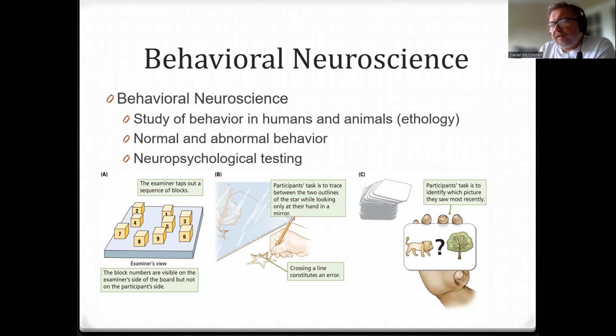The numbers are hidden, and then you have to tap them in the correct order. In other cases, though, the examiner might tap a specific sequence. It doesn't have to be 1 through 9. It would just be any set of numbers and in some order. And then the testee, the patient, has to repeat that back, the same tapping in the same order.